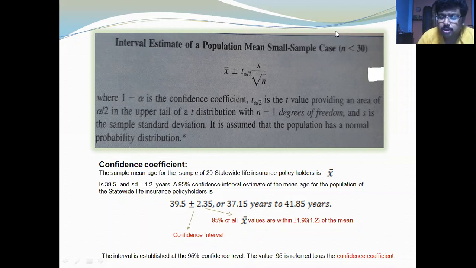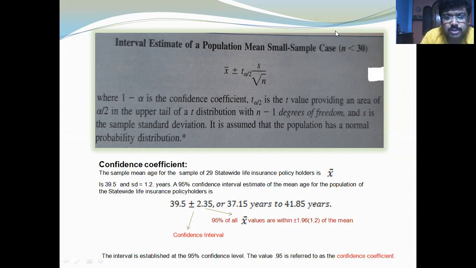Sampling distribution actually provides us with information about the possible differences between the sample mean and the population mean. That is the possible sampling error.